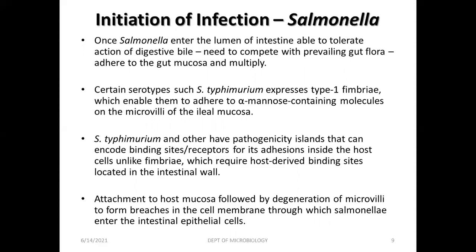the host cells. Means, bacterial adhesins are there and bacteria have certain receptors. These receptors require similar binding sites and receptors in the host cell, and these receptors and binding sites are prepared inside the host cell by these pathogenicity islands, which is again responsible for the attachment to the host mucosa.